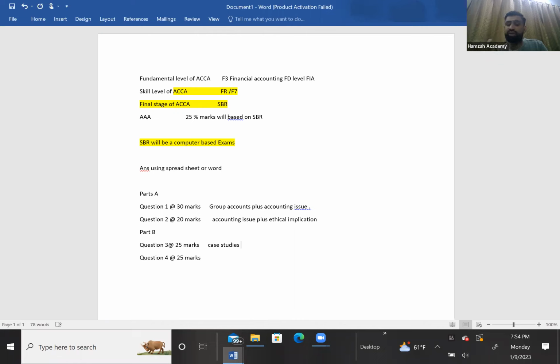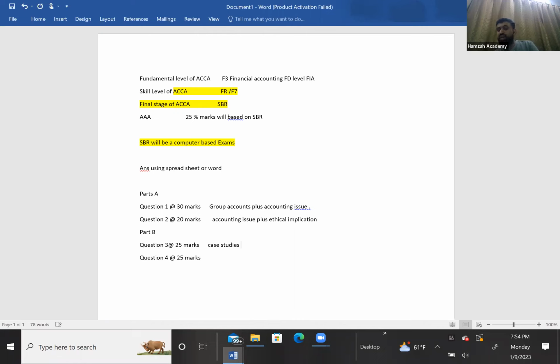Such topics can be tested, maximum up to 10 marks, and 90% of the marks would be dependent on your knowledge of accounting standards and the skill of application of that knowledge on the given case study.